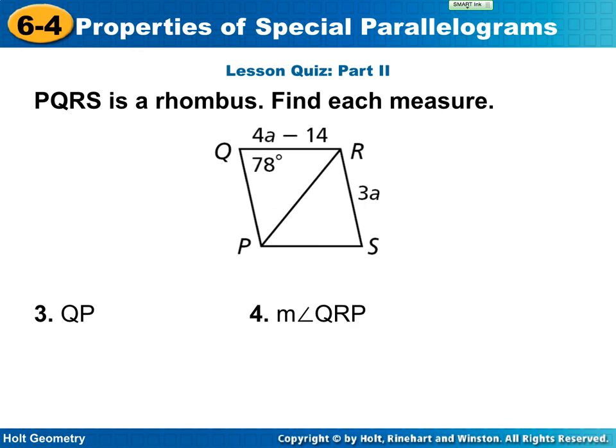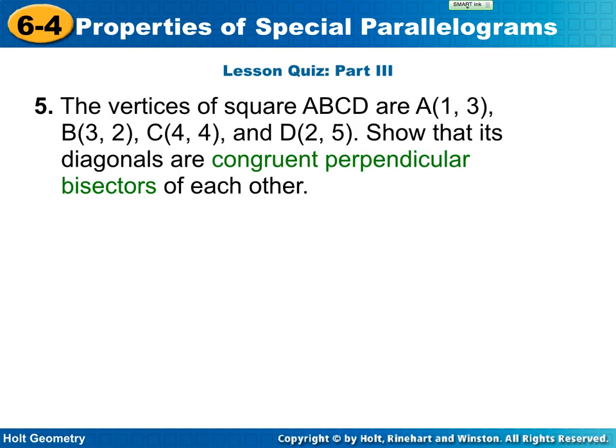Check to see if you understood a rhombus. Find a segment length and then find an angle. And finally, another one of those where you're calculating to show that the diagonals are congruent, perpendicular bisectors of each other in the square.